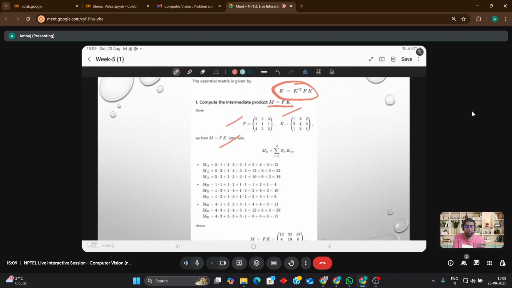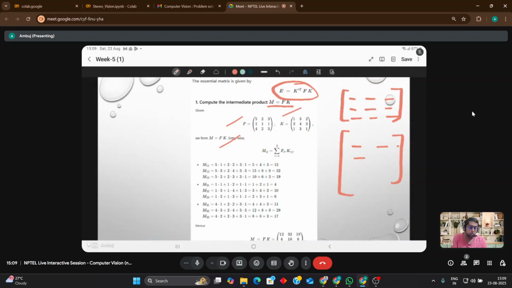Matrix multiplication, you already know, is carried out by multiplying rows with columns.